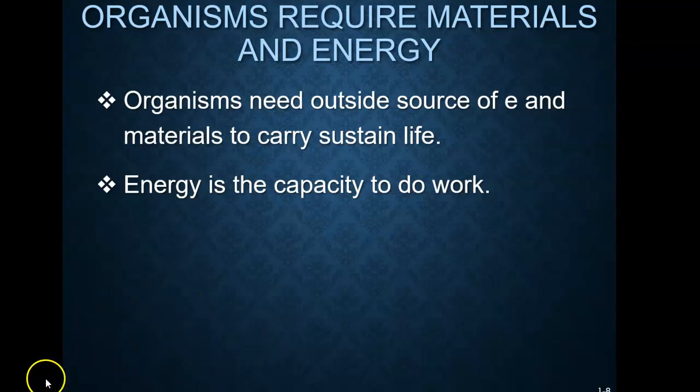Organisms require an outside source of energy and materials in order to stay alive. They have to eat. Think about it. If you don't eat for a long time, you're very weak. Depending on what kind of fasting you're doing, eventually you have to break that cycle and eat something.